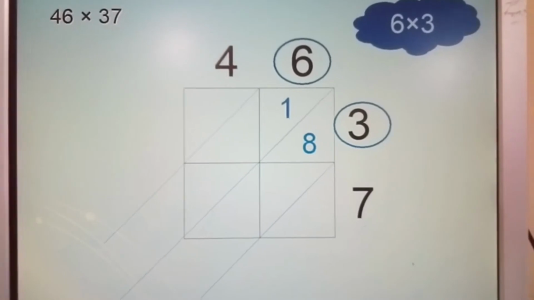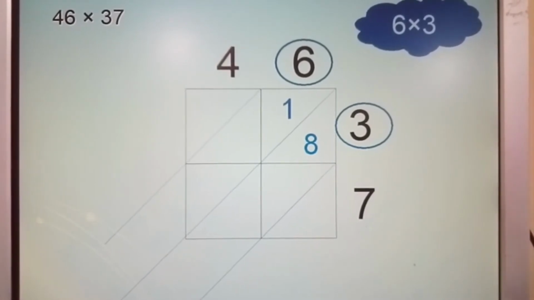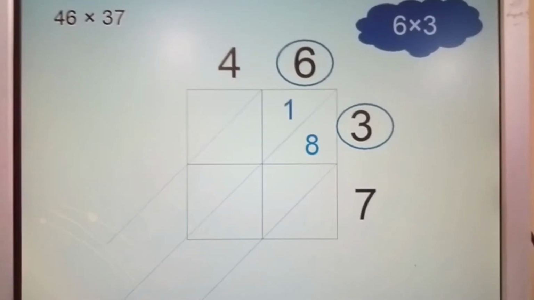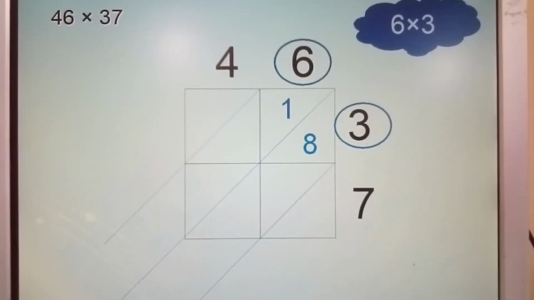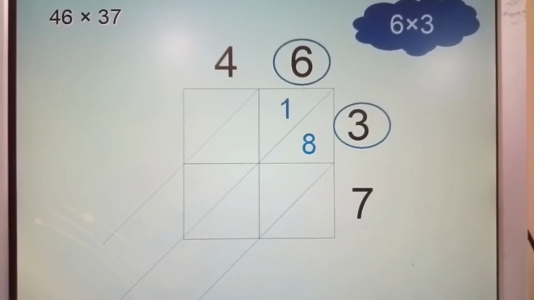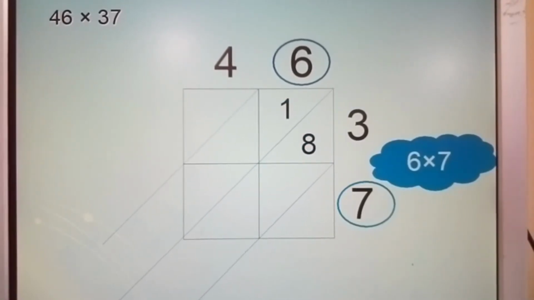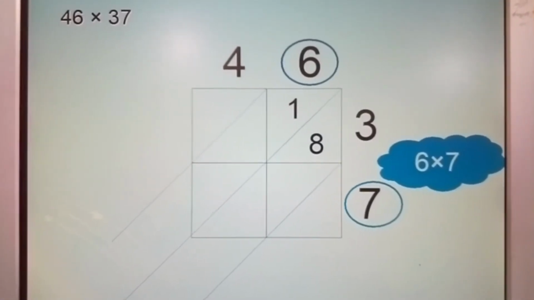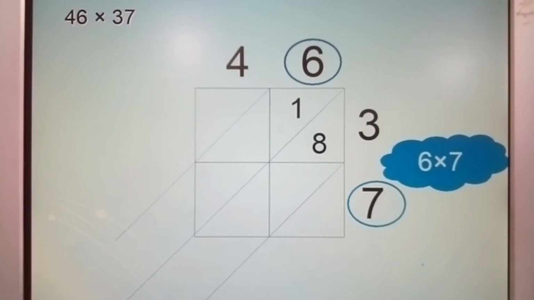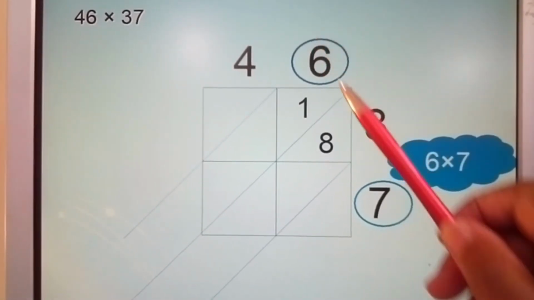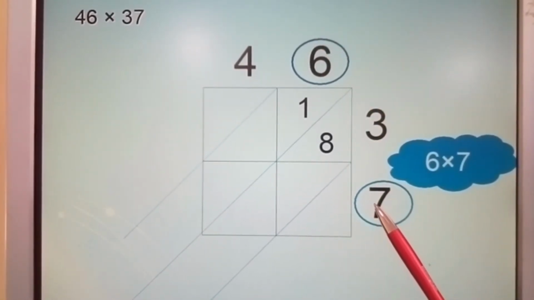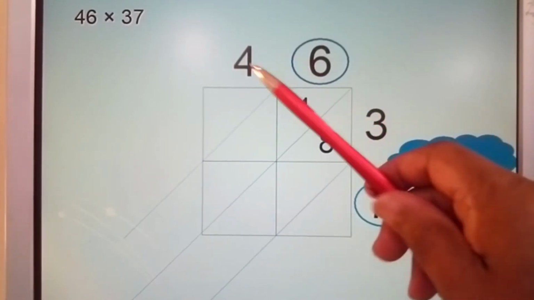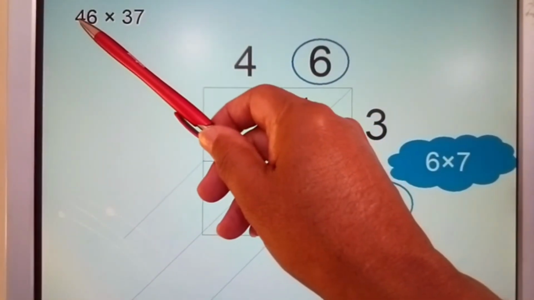We're then going to multiply. What do you think we're going to multiply next? You tell me. We're going to multiply 6 times 7, because remember, the question asked us to multiply 46 times 37.